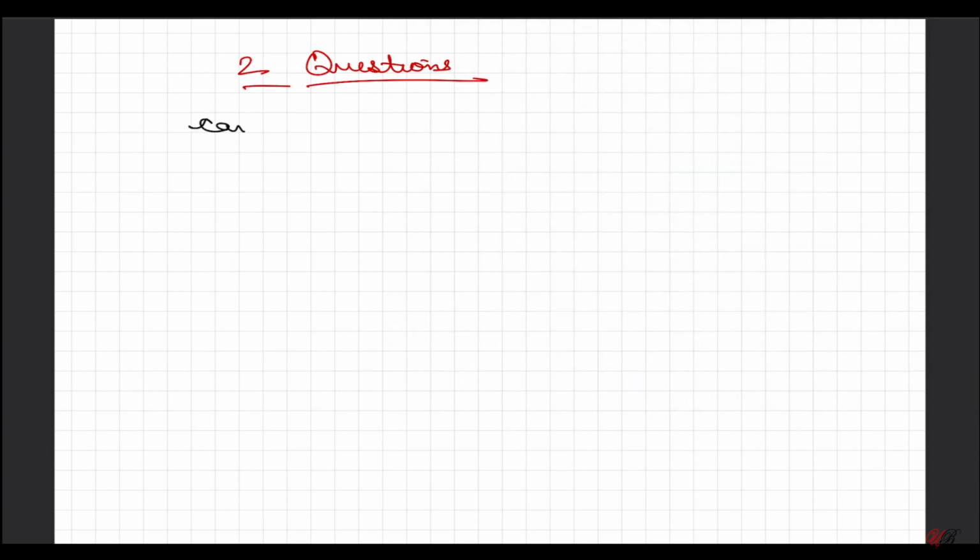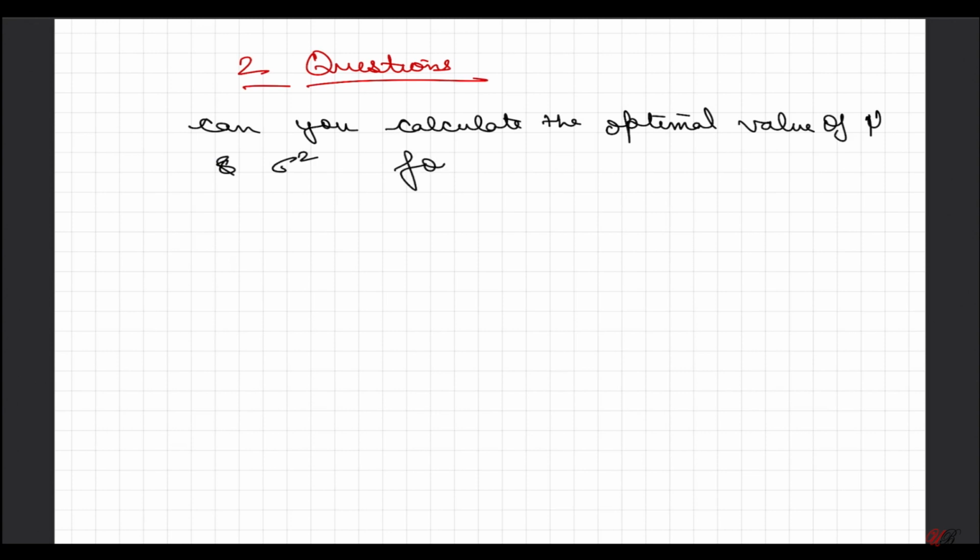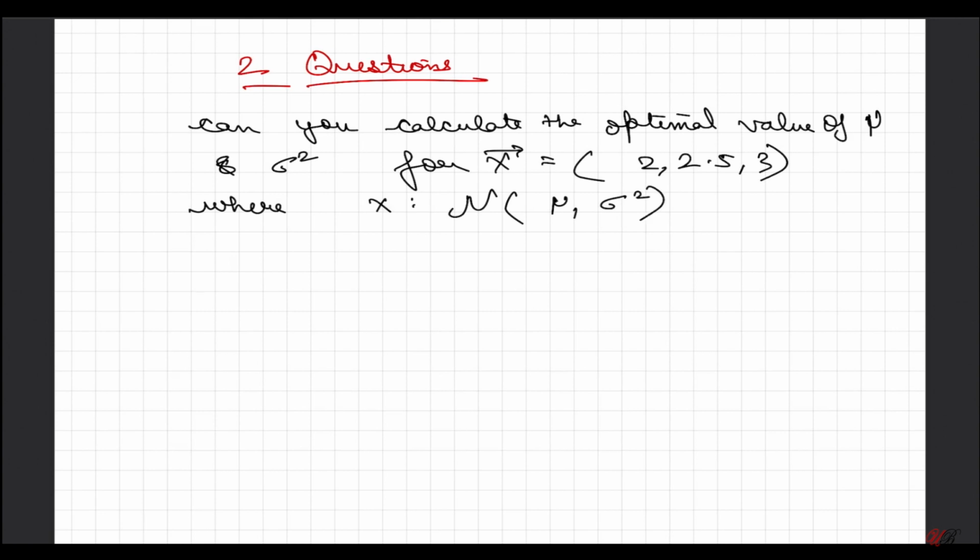So the question is, can you calculate the optimal value of mean and sigma square for the x vector equal to 2, 2.5, 3, where you can assume that x is following a normal distribution with unknown mean and some variance that we have to determine.